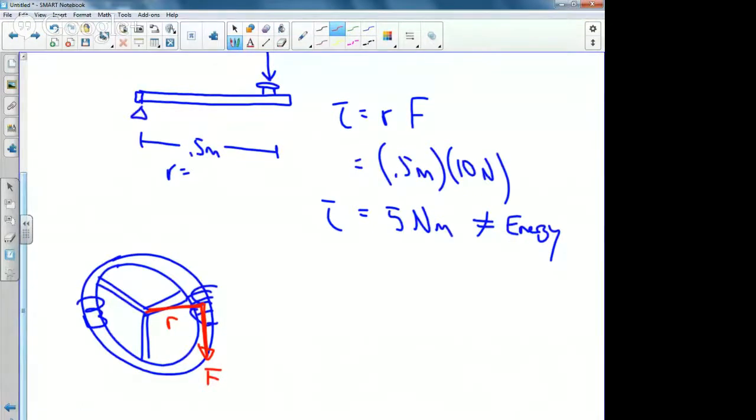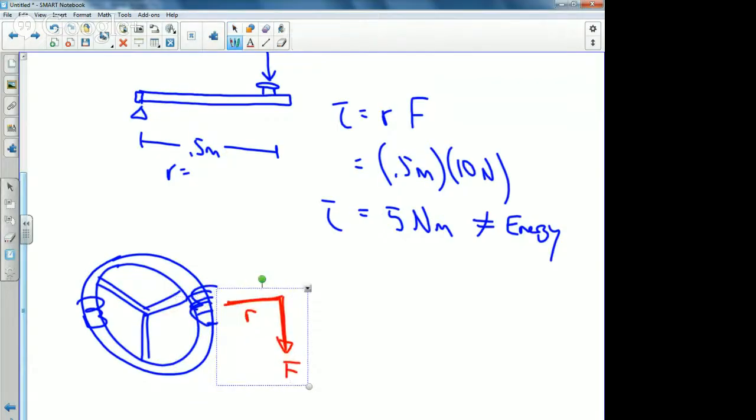If you look at trucks, trucks have really big steering wheels, partly because it's a lot harder to turn a truck, since there's a lot more friction involved in turning the wheels. By applying the same force with a larger radius, you create more torque. That's one example.